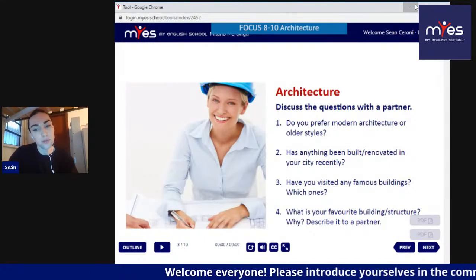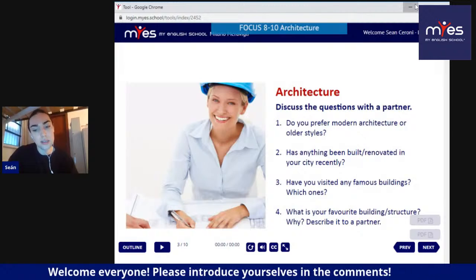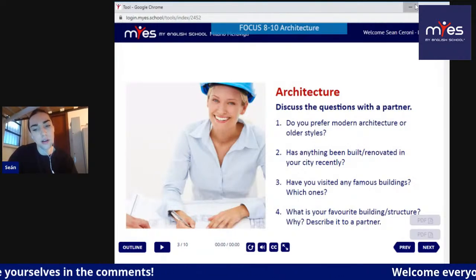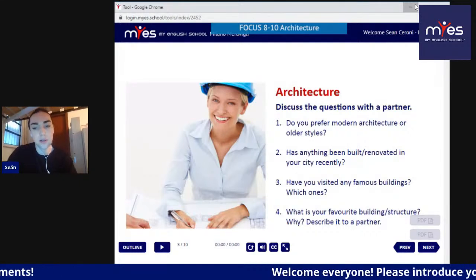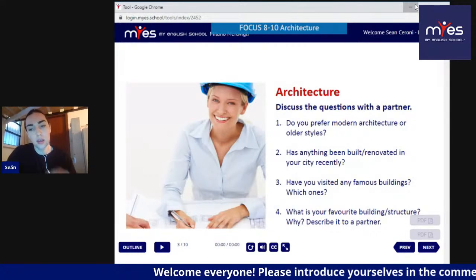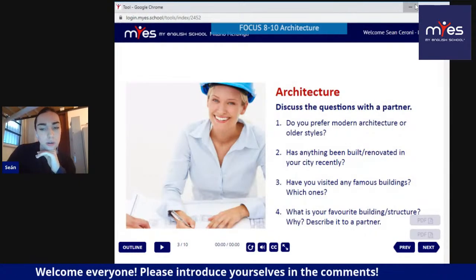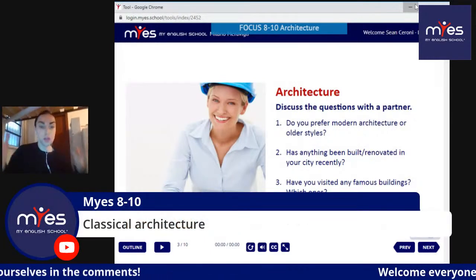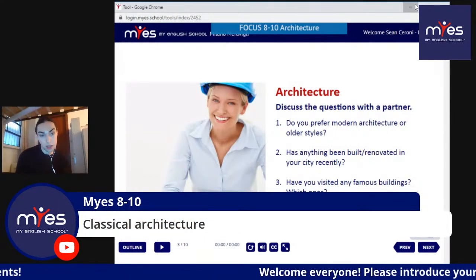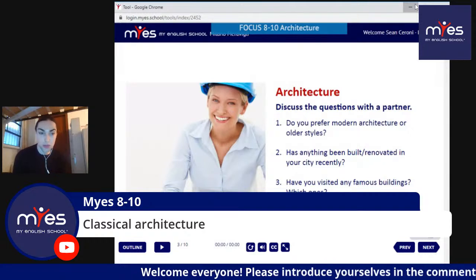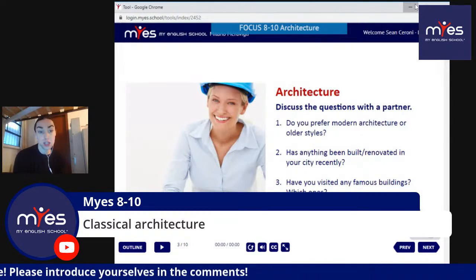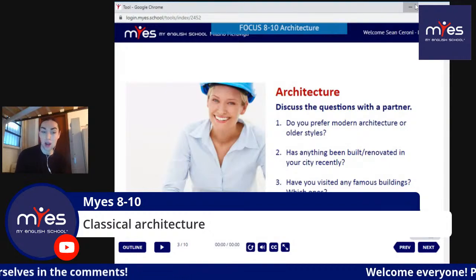Then we have, of course, Renaissance. Well, I'm just going to say we have classical architecture after this. It's a bit of a general term. In the Renaissance, they rediscover the architecture of ancient Rome, and they start building what we consider now, in English, the term we use is classical architecture.